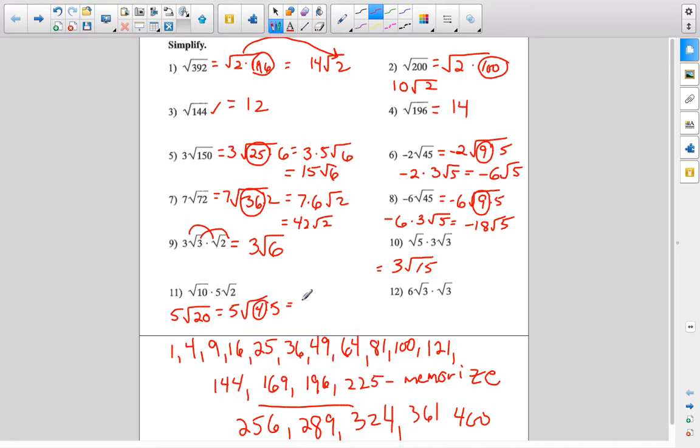So 5 times 2 is 10, and this 5 has to stay under the radical sign. And number 12, we're going to go outside times outside, which is 6, and radical 3 times radical 3 means radical 9. Well, what's the square root of 9? That's right, it's 3. So 6 times 3 is 18.